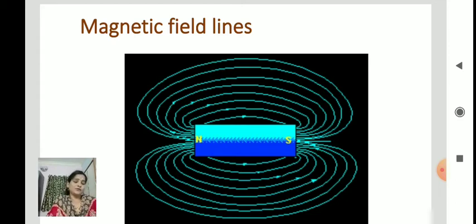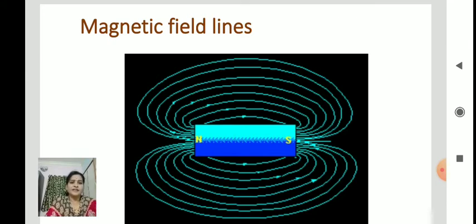As in the case of electric field lines, which are imaginary lines, the path followed by a unit positive charge is an electric field line. Here the magnetic field lines are continuous closed loops, and they can be visualized like this.